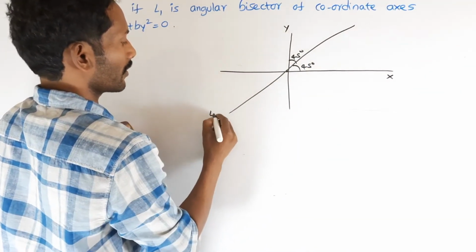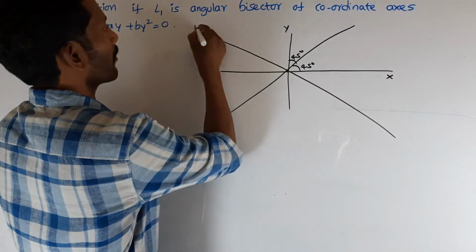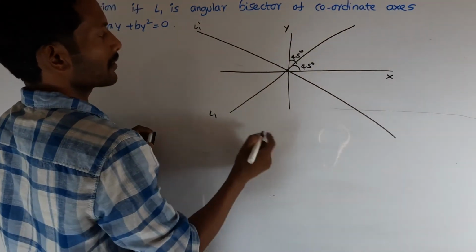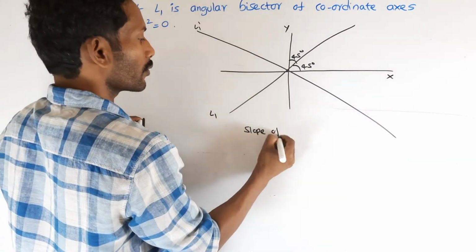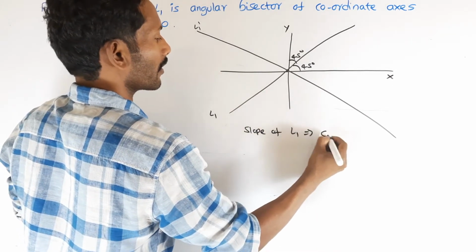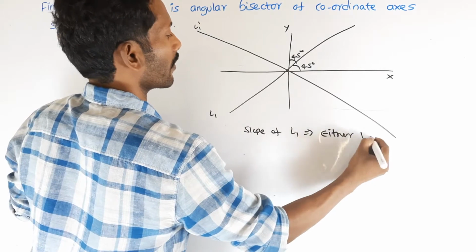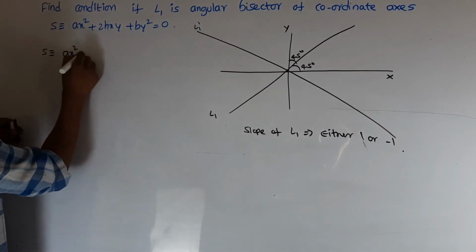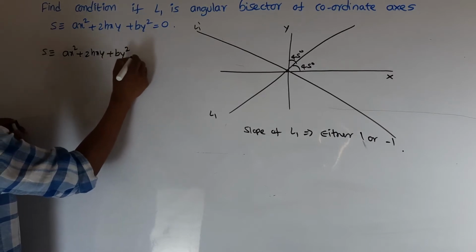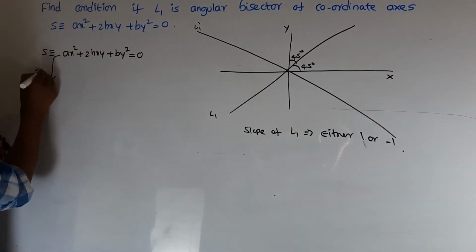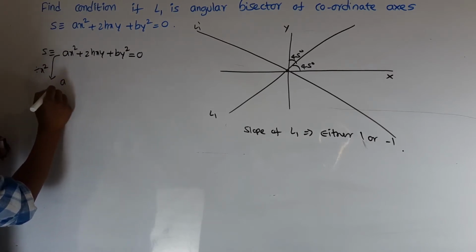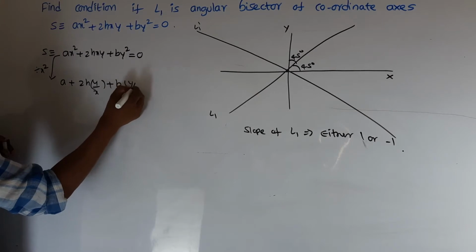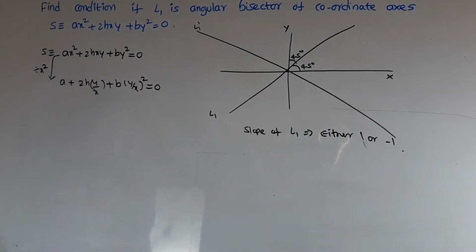Since the line is an angular bisector of the coordinate axes, its slope is either 1 or -1. Take ax² + 2hxy + by² = 0. Dividing by x², we get a + 2h(y/x) + b(y/x)² = 0. I hope you are understanding.